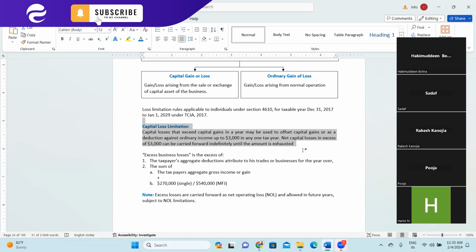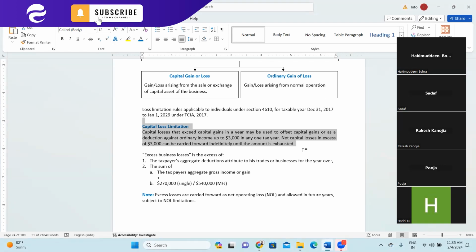Then both of them will be adjusted, and it will finally result in either a capital gain or a capital loss. If it is a capital gain, then it is taxable as per the respective capital gain category.